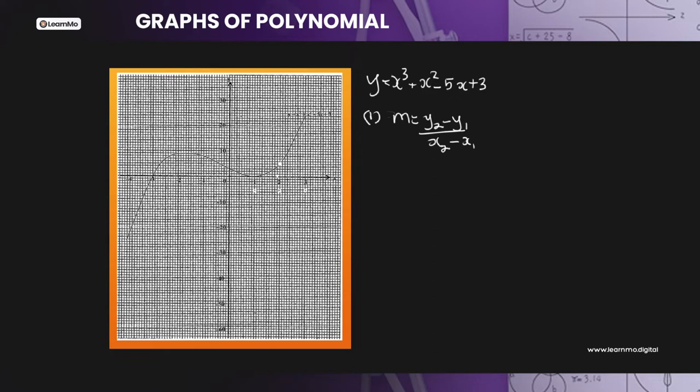So we need to extract 2 more points to make our equation complete. Before we do that, you first have to draw a tangent at the point they've given you. A tangent is just a line touching a circle or a curve, like this one here. It doesn't pass inside the curve, but only touches the curve. So you draw a tangent, a straight line touching the curve.